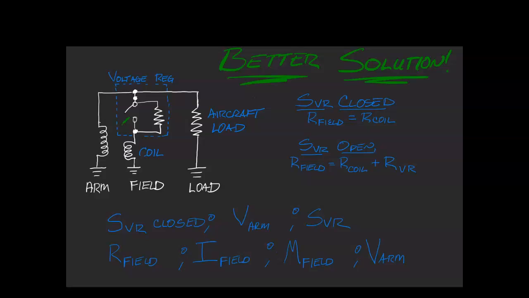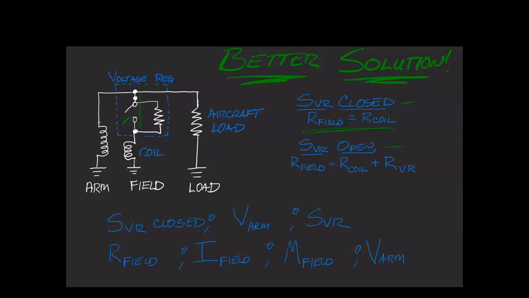This is the voltage regulator switch, and when switch VR is closed, the resistance of the field equals the resistance of the coil. This switch is closed, current is going to flow right through here, not through the resistor at all, no big deal.